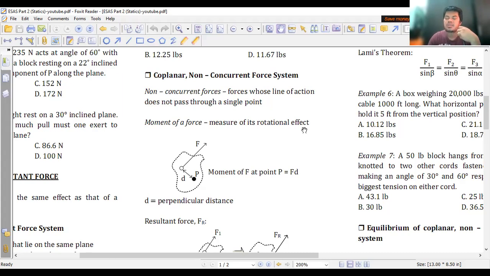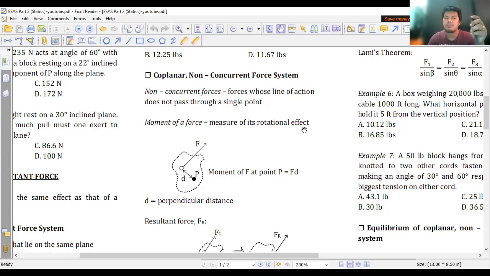So why? Because the distinction between torque and energy is that torque uses the perpendicular distance, while when we calculate energy, that is actually the parallel distance to the given force.